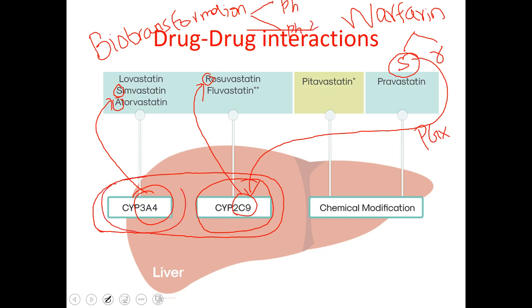CYP3A4 is responsible for approximately 50% of the drugs' metabolism in the body. So, if I am giving, let us say, 4 drugs to a patient, there is a high probability that at least 2 of the 4 drugs will undergo metabolism by CYP3A4. In fact, this enzyme metabolizes the maximum number of drugs that we have in the world.